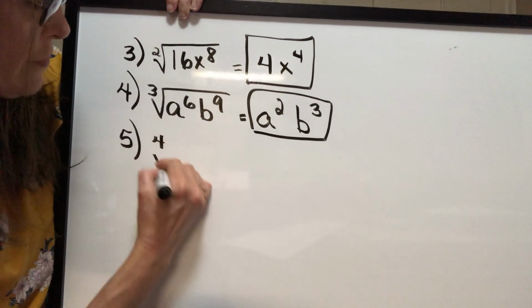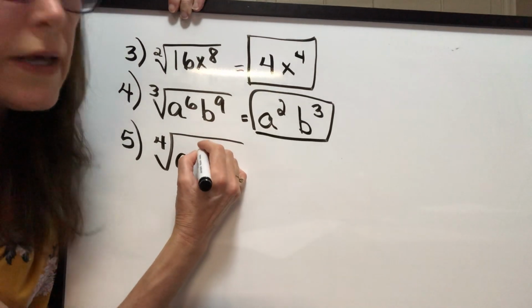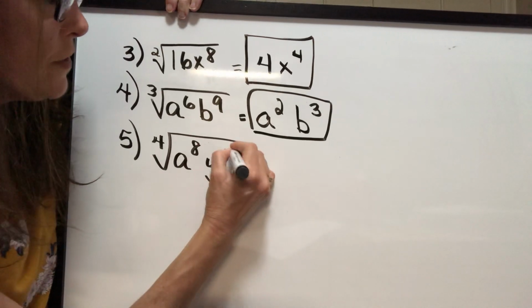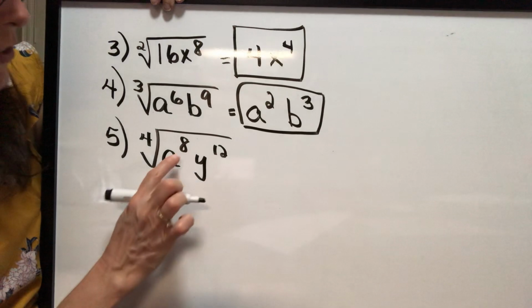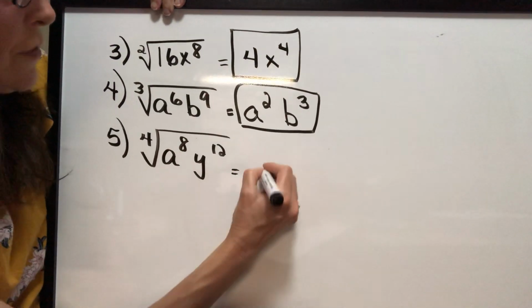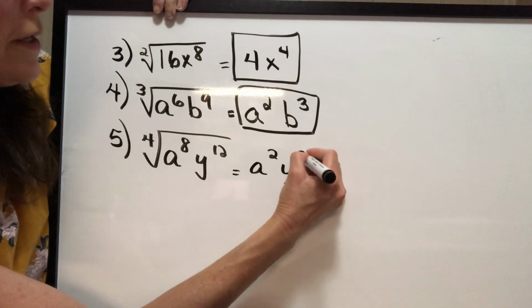This is a 4th root of a to the 8th and y to the 12th. Okay, no numbers here, just variables. So we're going to take each exponent and divide by 4. So the a will be squared and the y will be cubed.